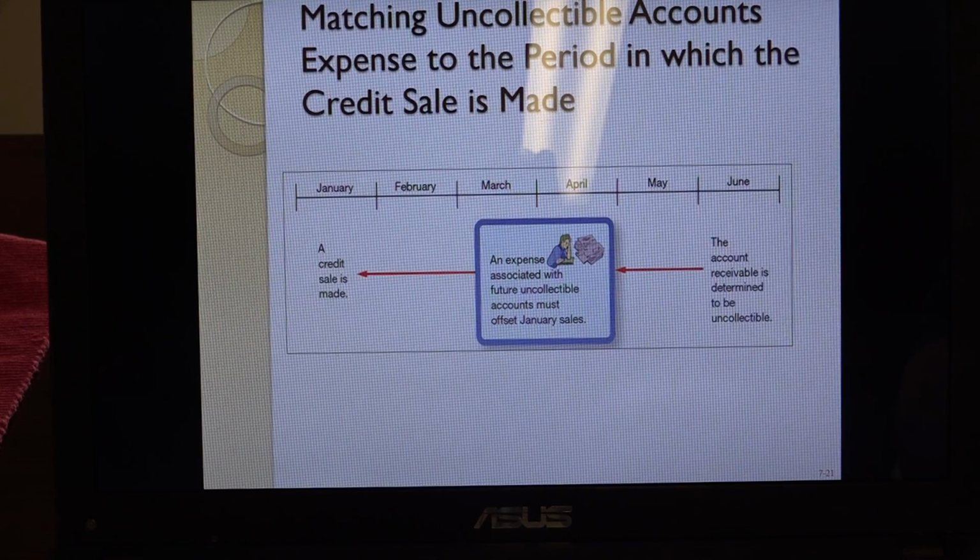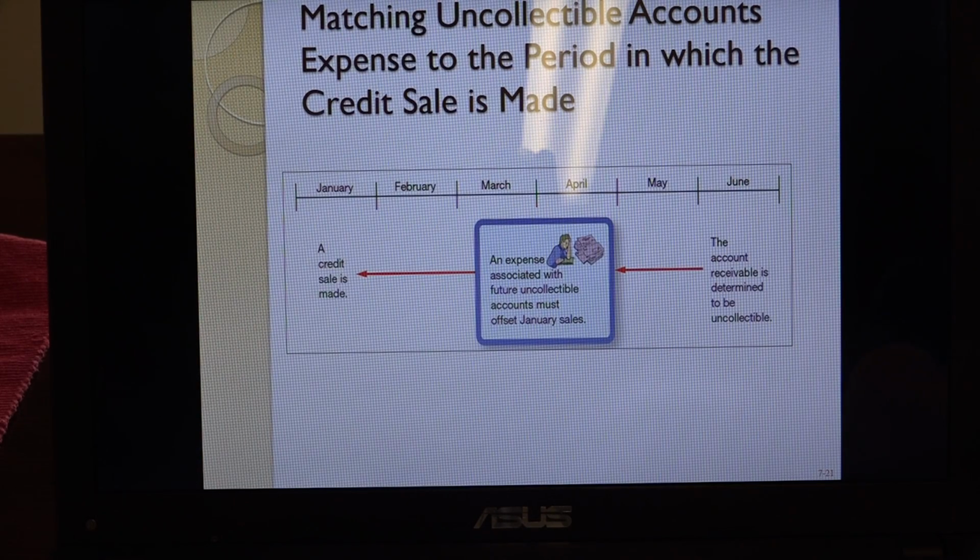And so this is a prediction, this is an estimate, and as such is imperfect. But regardless, we've got to try to match an uncollectible expense in the year of sale. And this is a once a year, end of year type prediction.